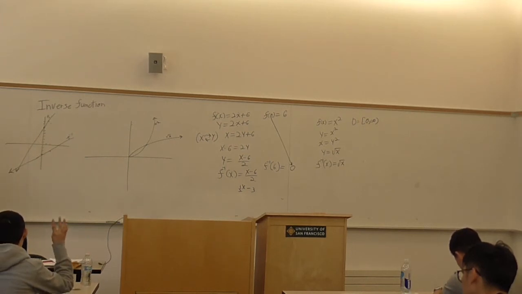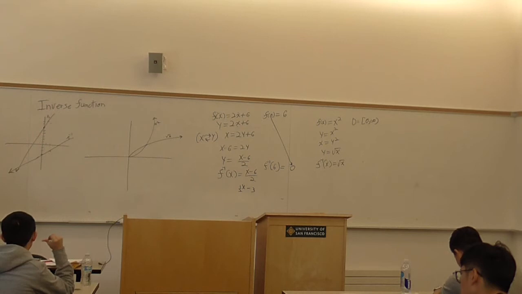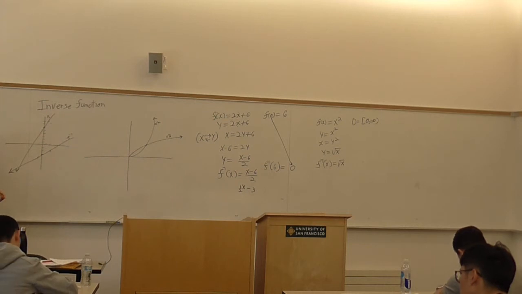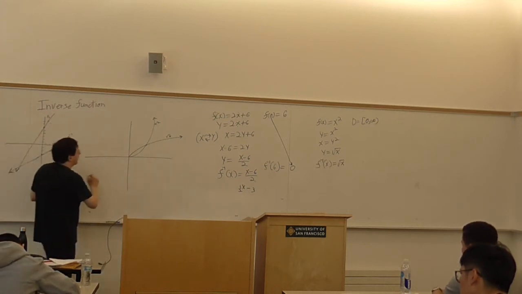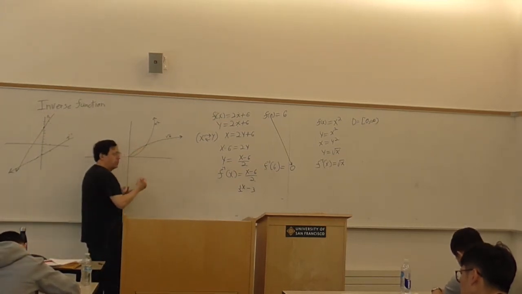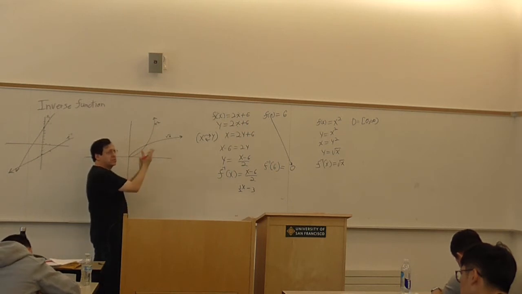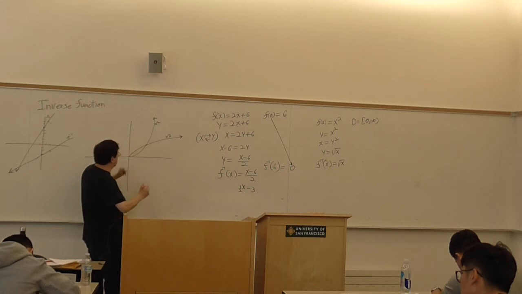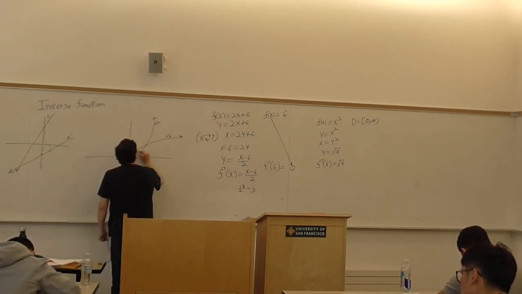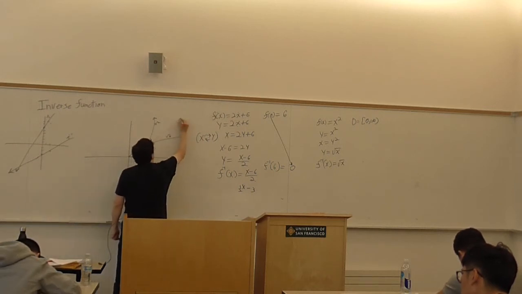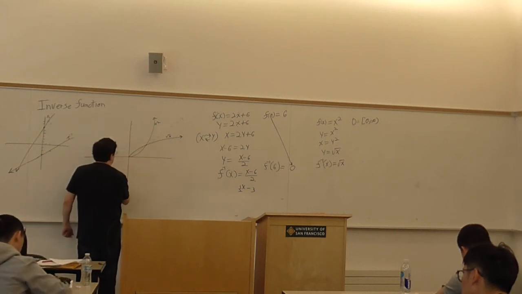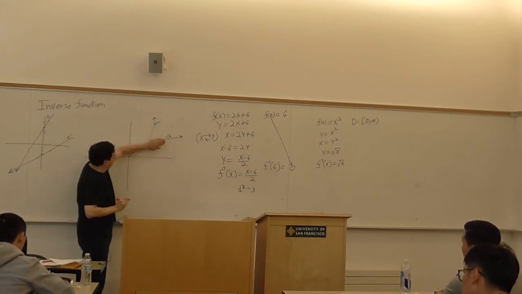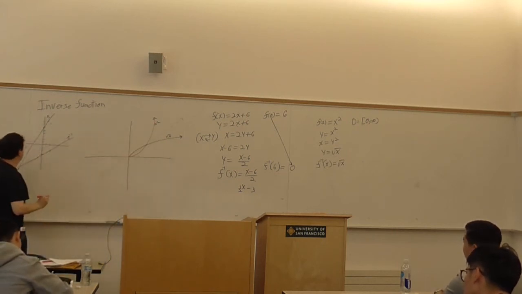Something that kind of sticks out. Yes, Martha. You're a mirror. Is that what you were going to say? Yeah. Remember when we were talking about mirrors, I said you don't necessarily have to have the axes in the mirror. If I draw a line along here, you can see that these two functions are mirrors of each other.